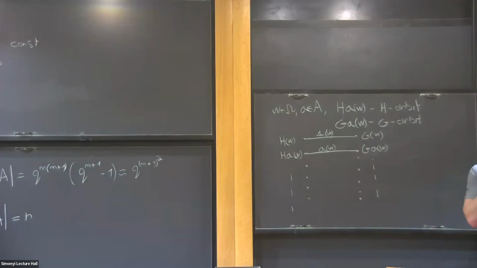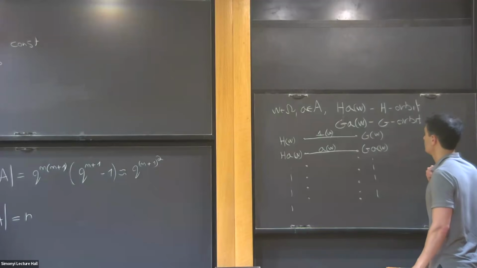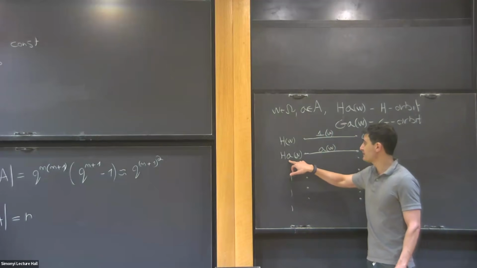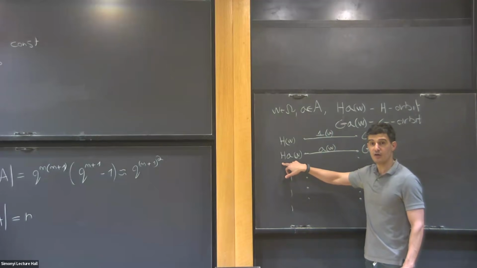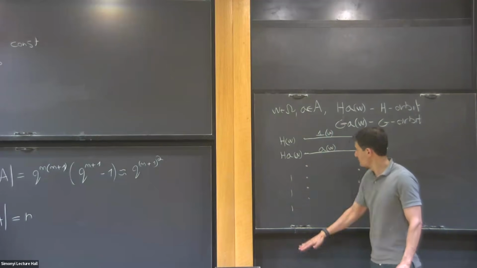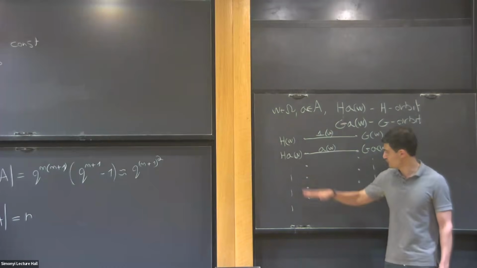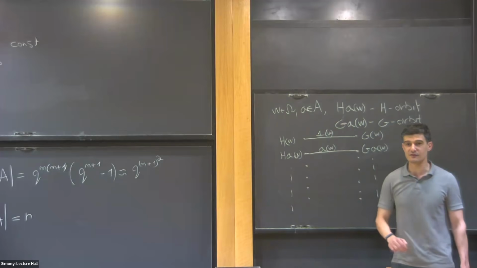What is A? What is the role of this A? Yeah, it's a coset. It's the right cosets of H. What are the other cosets? You pick a representative for the right cosets, and then I just write down all the cosets.